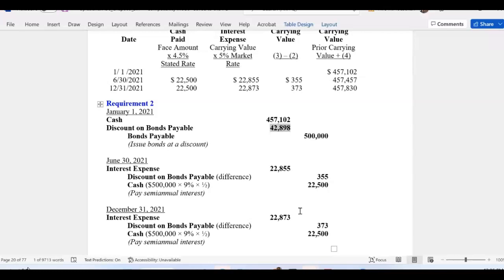The book has a very good, simple example of a bond discount and recognition of journal entries and bond table amortization like this, or bond premium if there's a premium. The premium will be recognized if the company's bond is paying higher interest compared to market. The discount will be recognized if the bond is paying lower interest compared to market.